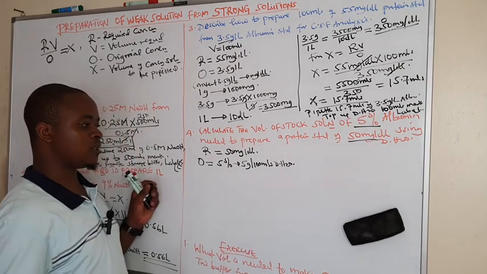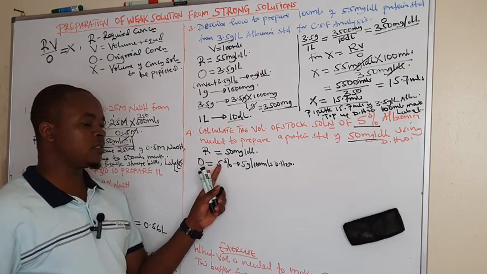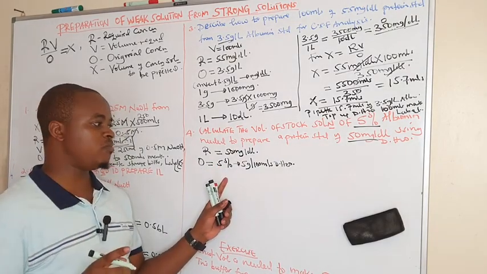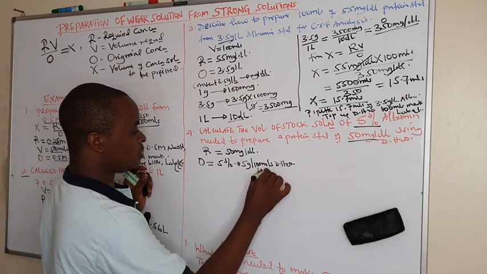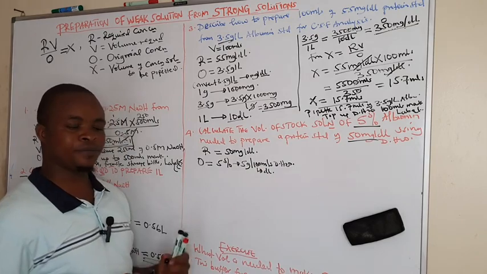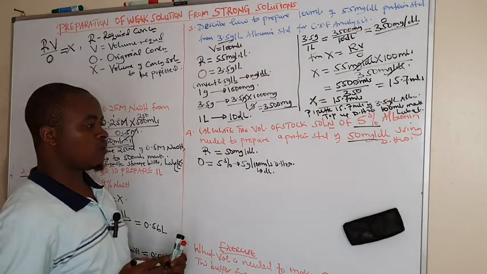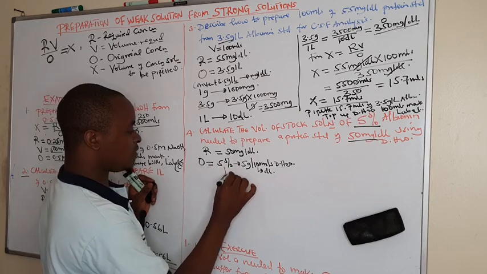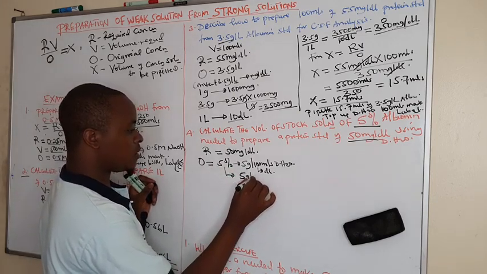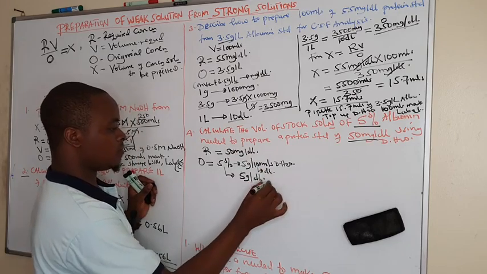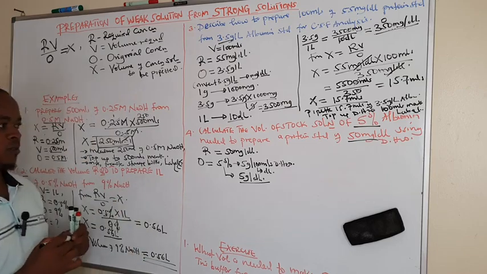Percent means grams in 100 mils, whereby 100 mils is the same as a deciliter, because 1 deciliter is equivalent to 100 mils. So we can end up saying that 5% means 5 grams per deciliter. That is what it means.